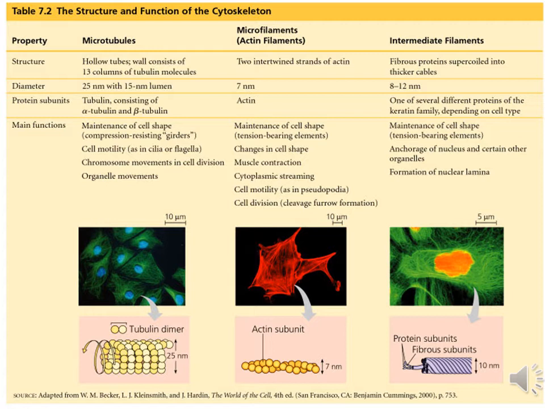Their main functions are maintenance of cell shape, anchorage of the nucleus and certain other organelles, and formation of the nuclear lamina. The inside wall of the nucleus is called the nuclear lamina, in which various important metabolic processes occur. So the formation of the nuclear lamina is carried out by the intermediate filaments.